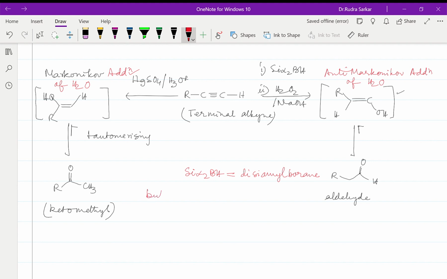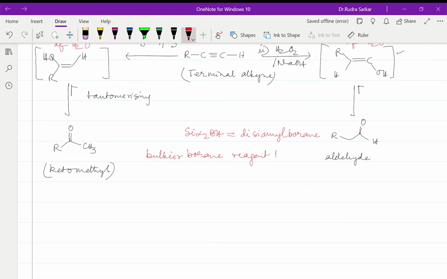Here it is basically a bulkier borane reagent, which can be seen from the structure which I will write below, and provides anti-Markovnikov selectivity.